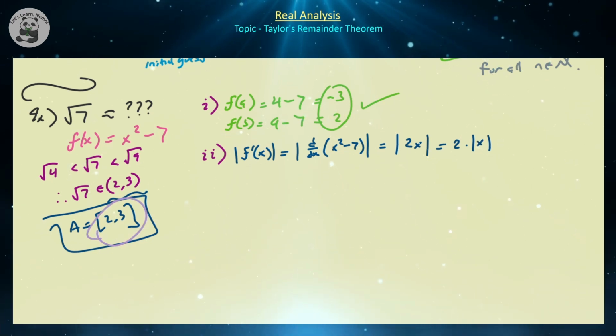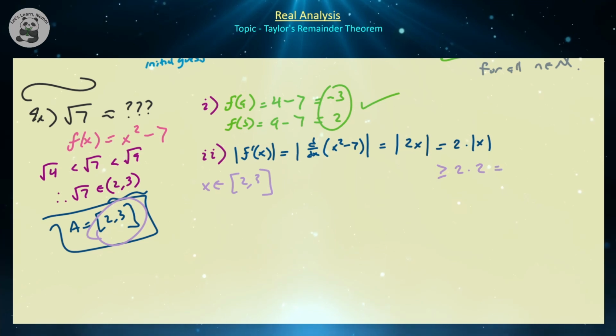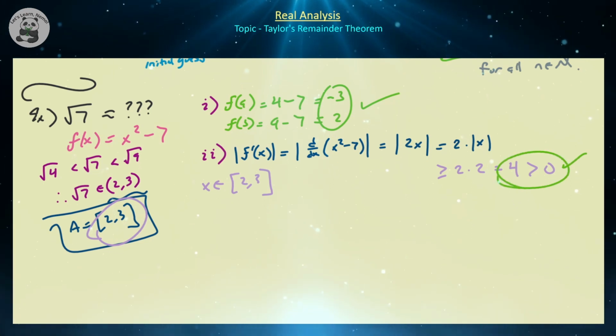Keep in mind, x belongs to the closed interval [2, 3]. So what can you say about those values? Well, that's always going to be greater than or equal to 2 times 2, which is equal to 4. And we see that 4 is strictly greater than 0, so that second assumption is met. So we can treat our 4 as our m1.